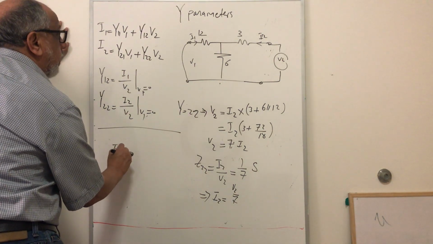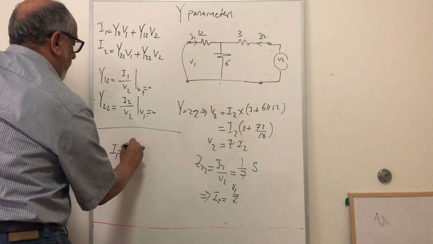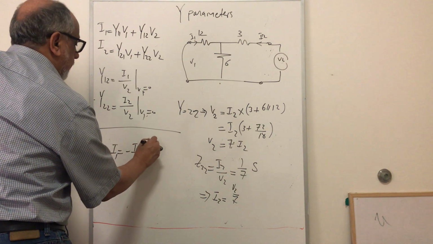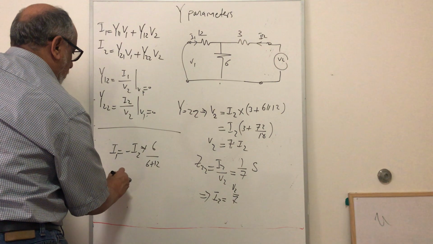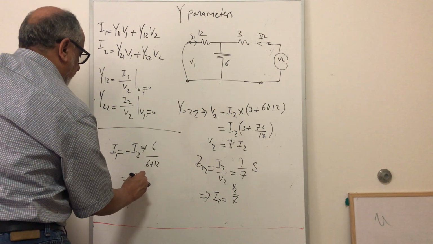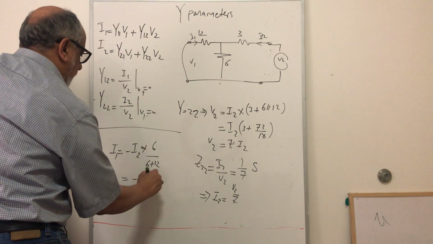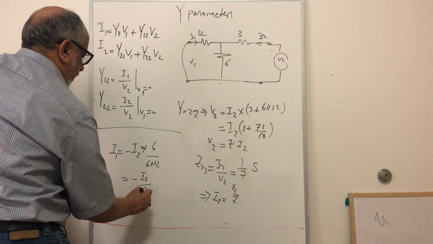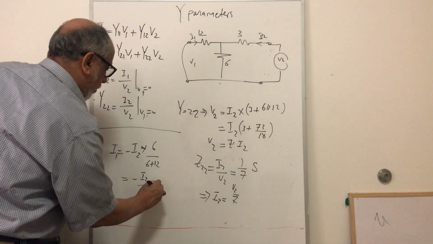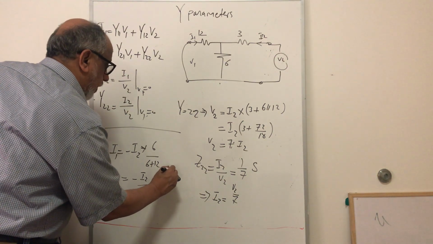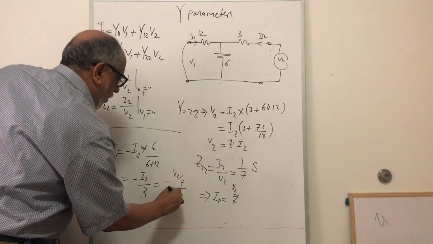So I1 is equal to minus I2 times 6 divided by 6 plus 12, right? So this will be minus I2, this is 18 over 3. So minus 18 over 3, I2 over 3. But I2 is V2 over 7, so this will be minus V2 over 7 over 3.